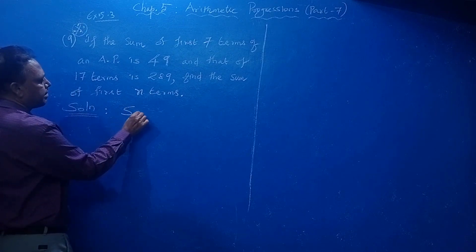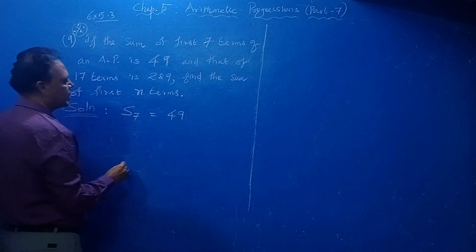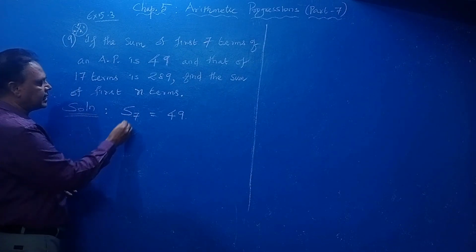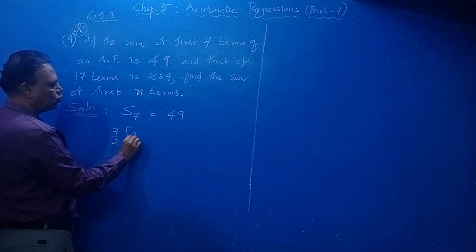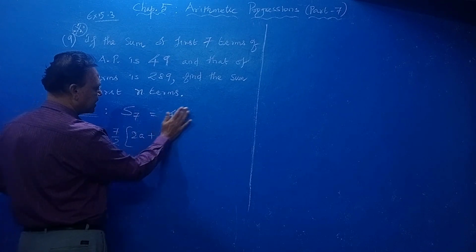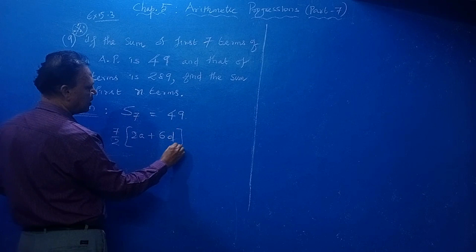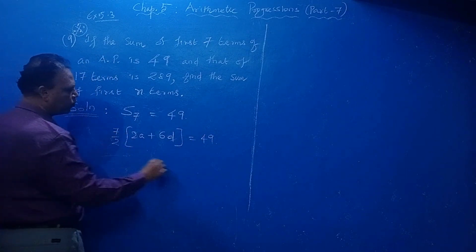S7 is how much? 49. So you immediately write the meaning. S7 means what? 7 by 2 into 2A plus N minus 1, that is N minus 1 means 7 minus 1 is 6D.